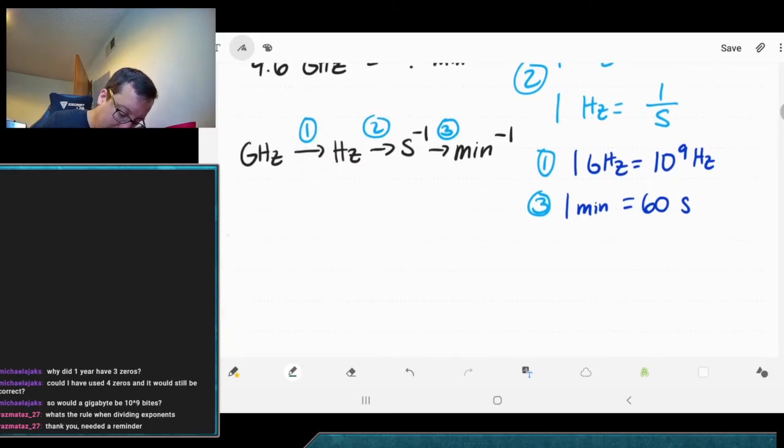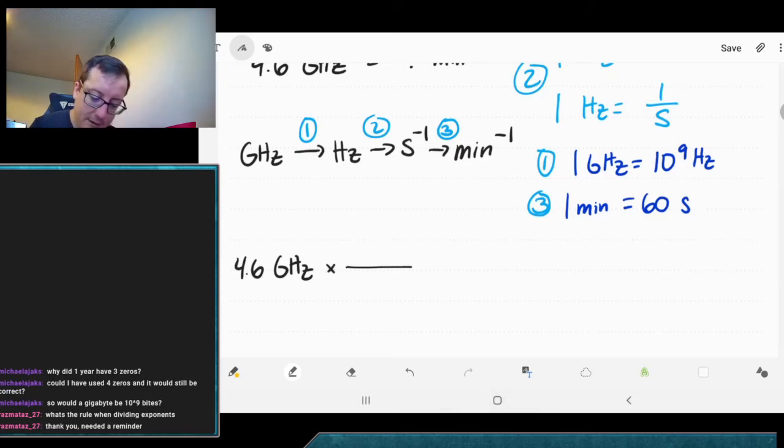So we're starting with 4.6 gigahertz. Our first conversion factor we're using is going from gigahertz to regular hertz. We're going to put gigahertz on the bottom so that it cancels out, and we're going to put 10 to the 9th hertz up top. So gigahertz cancels out.